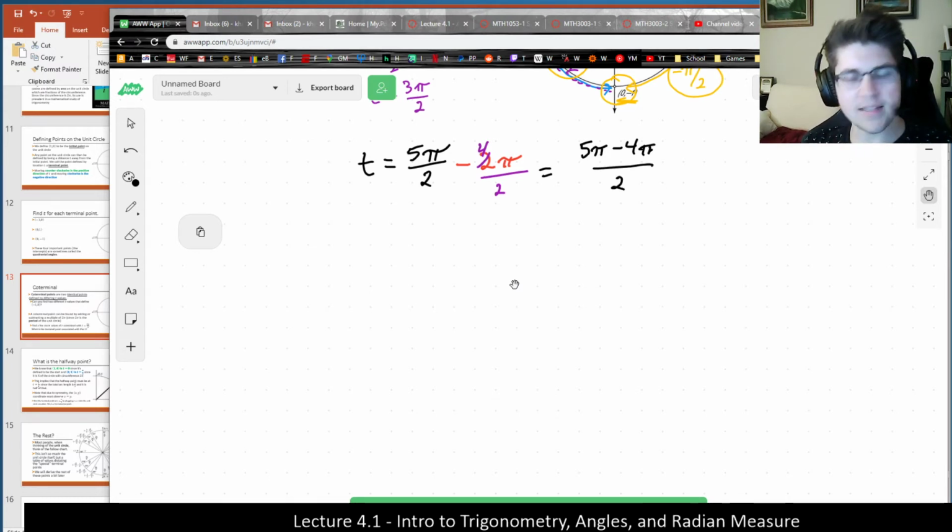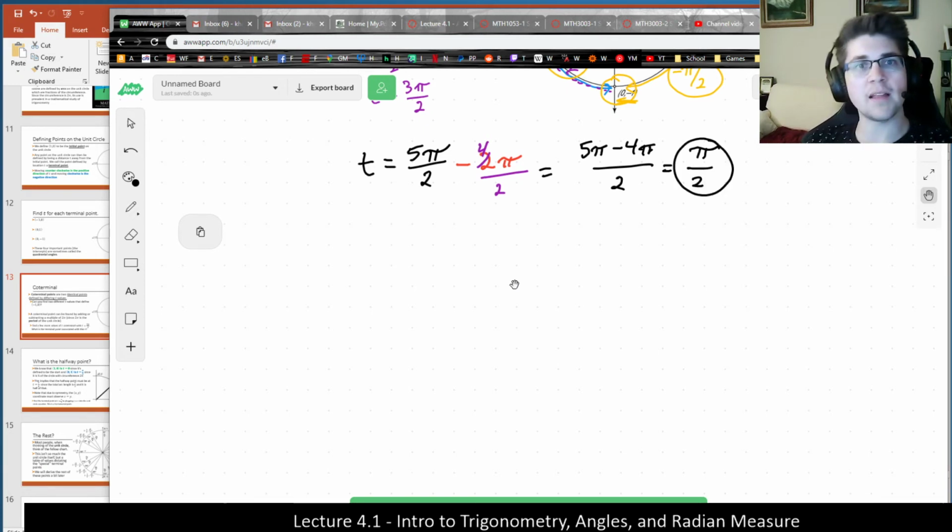Adding and subtracting values of pi works just like combining like terms. Just as 5x minus 4x, 5 pi minus 4 pi would be 1 pi, so we're left with pi over 2. The conclusion is that this is coterminal to the original 5 pi over 2, hence they're in the same location.